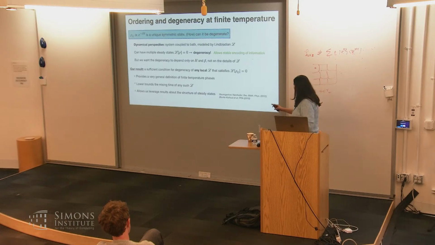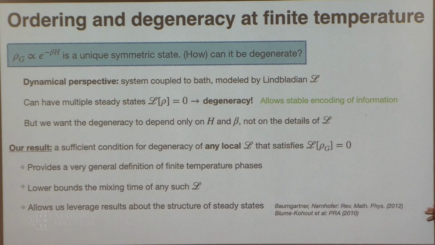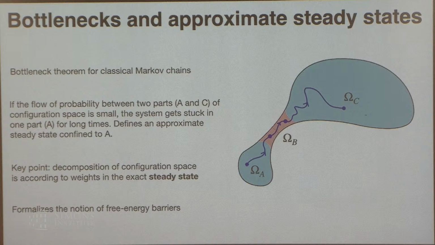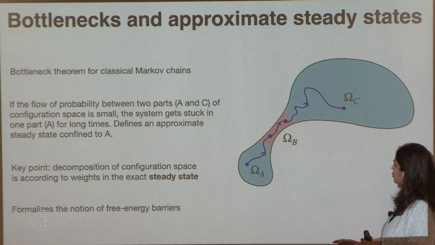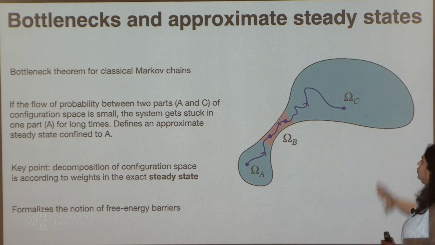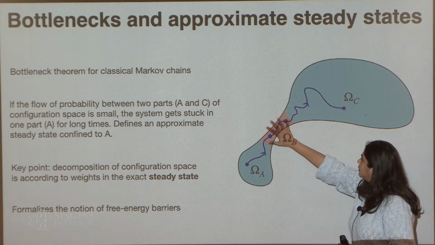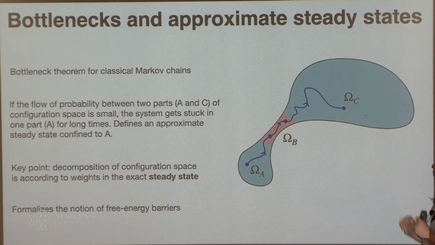Okay. Finally, this will allow us to leverage some results on the structure of steady states to talk about classical and quantum memories. Okay, so bottlenecks in approximate steady states. There's a well-known bottleneck theorem for classical Markov chains, and the picture for this is: take your configuration space, divide it into two regions, and these regions are separated by some bottleneck.